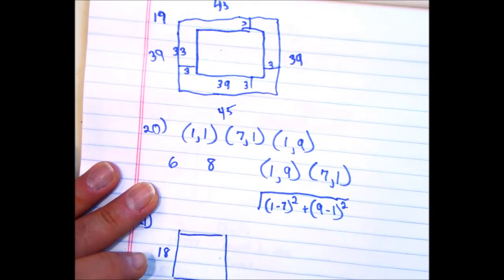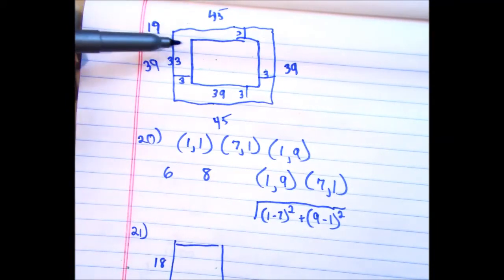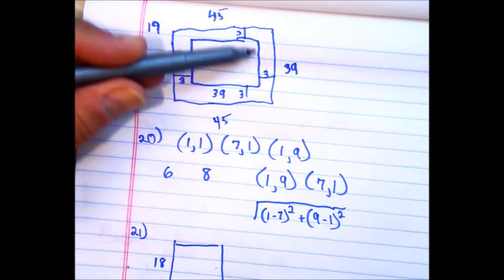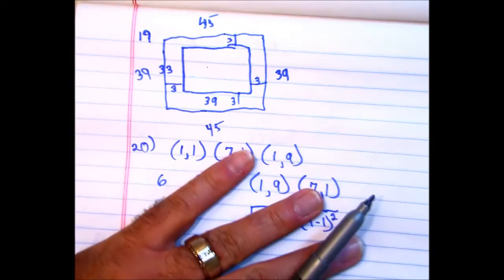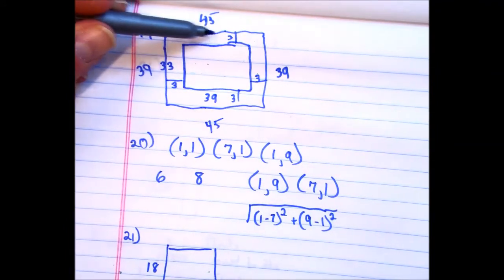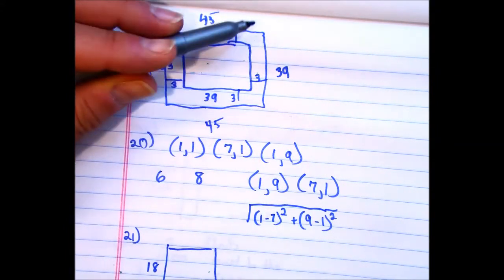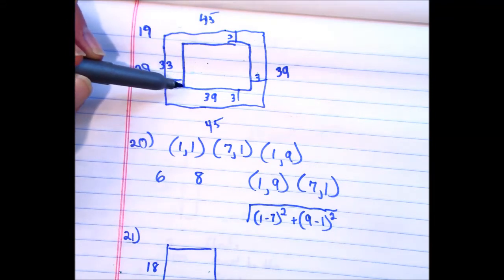Number 19, you're going to want to draw out a picture. It starts with a rectangle. So you draw that rectangle out, and it's 33 by 39. And then it says you want to put a 3-foot walkway all the way around it, which means it's not just 3 feet bigger in each direction.